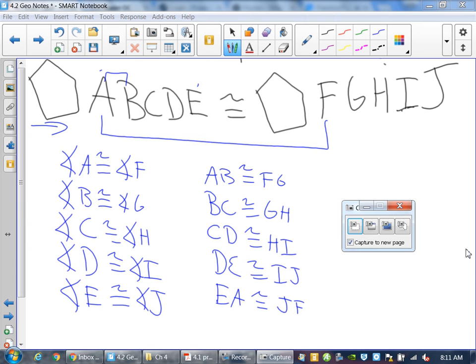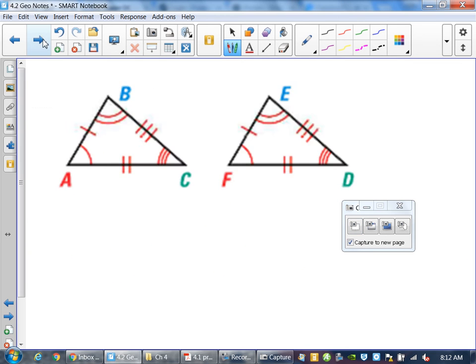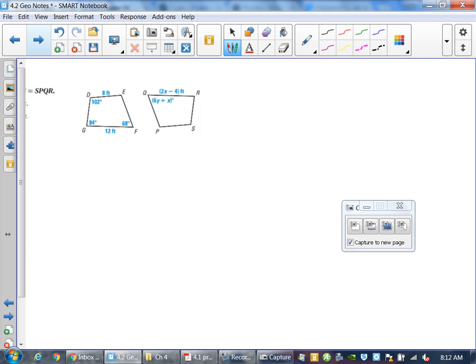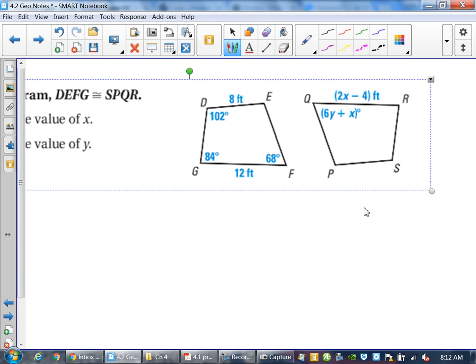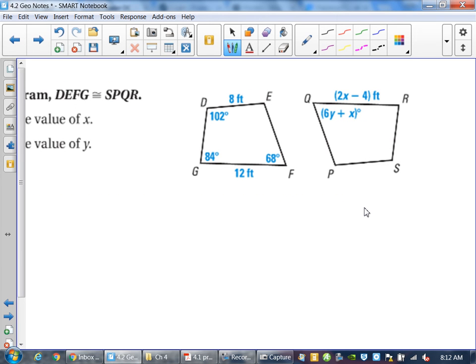Now, what this is going to allow you to do, these congruency statements, is not only write out the congruency statement, because that's what it is, here's all your angles, there's all your sides, you're going to also be able to do this. In this diagram, it tells you that DEFG is congruent to SPQR.